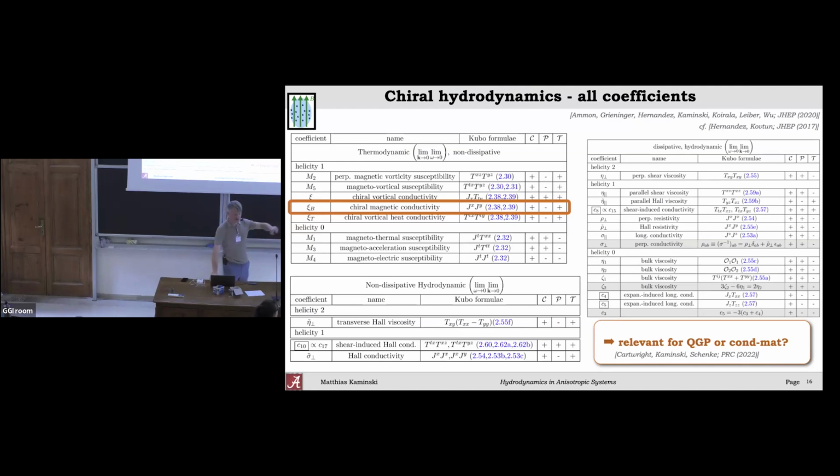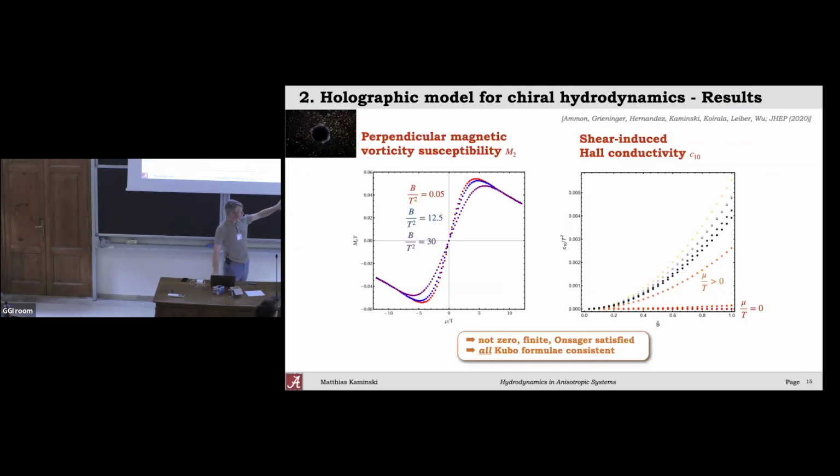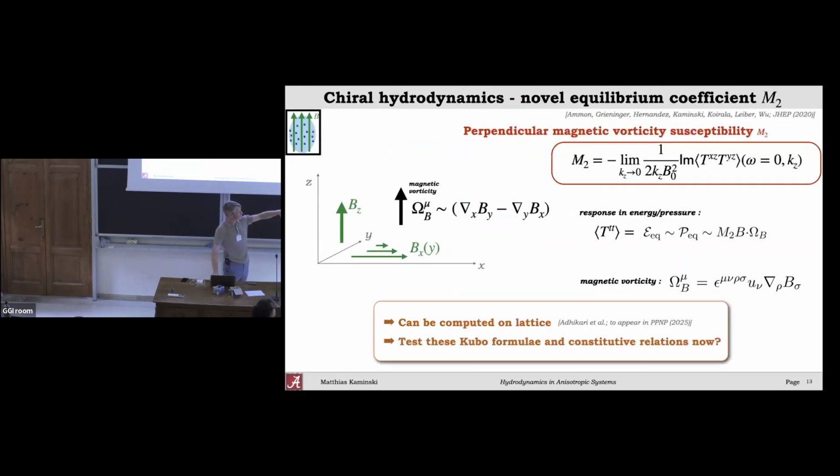Okay, so now I can give an answer to why we wanted to have small B, or B of a certain order suppressed compared to the temperature. That's because if we otherwise derive these Kubo relations, there's a whole bunch of terms that would contribute. So we need some way to organize them, and at this point we want B to be smaller than the temperature, so that, at least for the sake of deriving Kubo relations, those relations are valid for small B compared to the temperature.